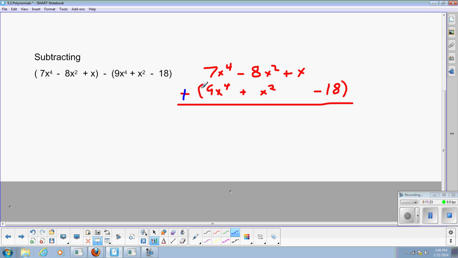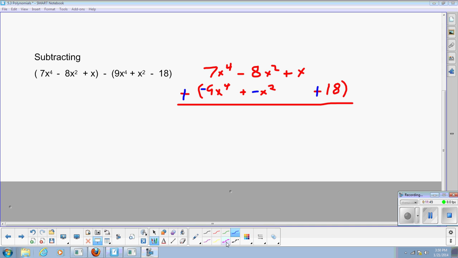So instead of a positive 9, that's going to become negative 9. Instead of a positive x squared, it's a negative x squared. Instead of a minus 18, that becomes plus 18. So now I have done same, change, change, and I have changed the sign on every single term inside the parentheses.